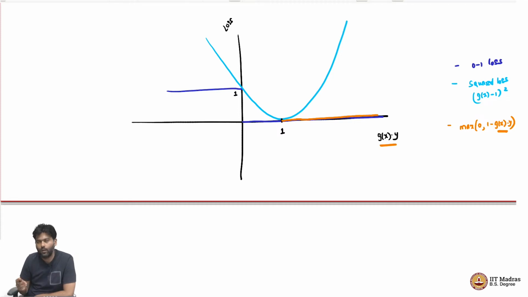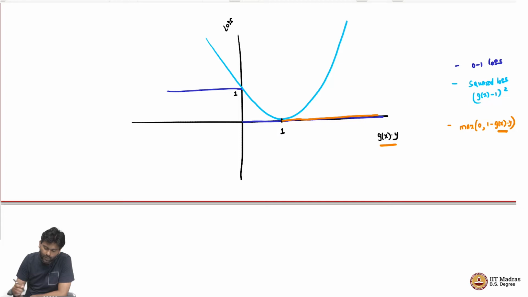On the other hand, if g(x) times y is less than 1, that is, we make a prediction with margin less than 1 in the SVM's interpretation, then we suffer a loss. It is never going to be 0, because if g(x) times y is less than 1, then 1 minus this is always going to be positive. So, you are always going to suffer a positive loss. So, 1 minus z is just a linear function, right.